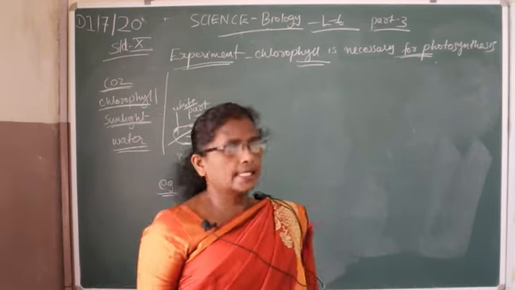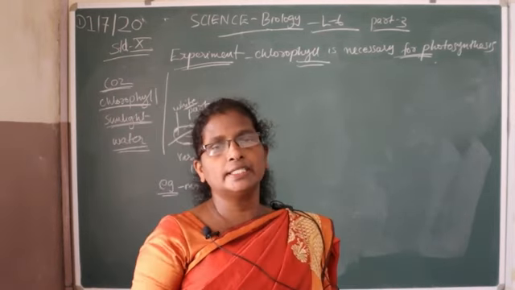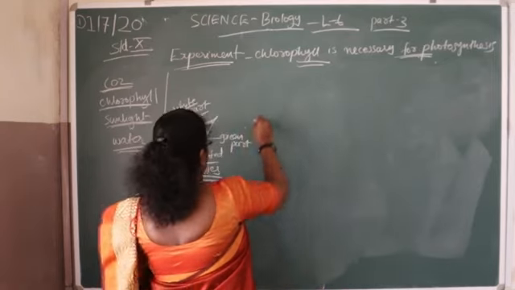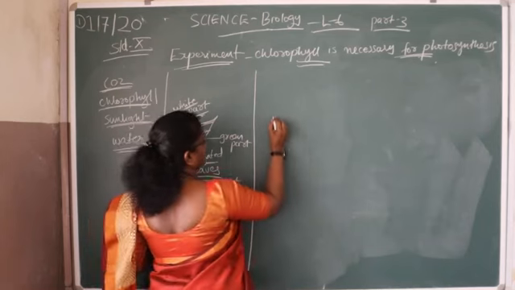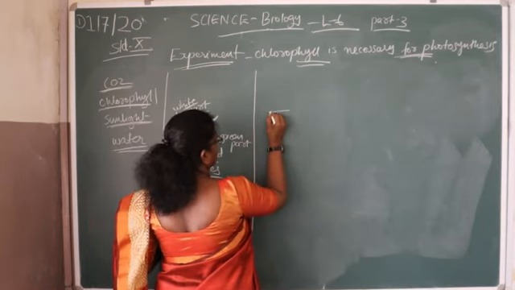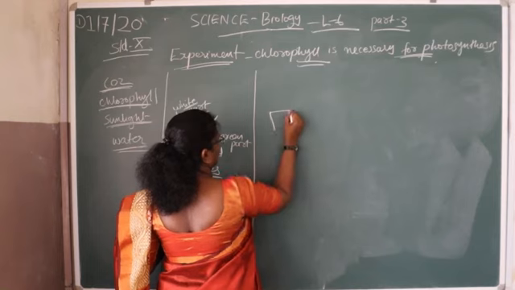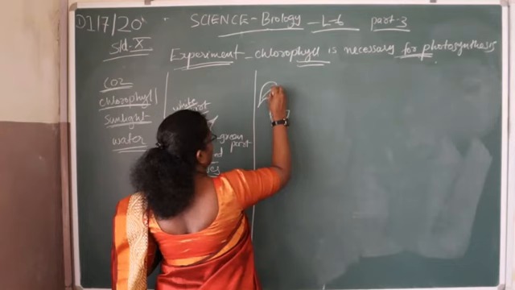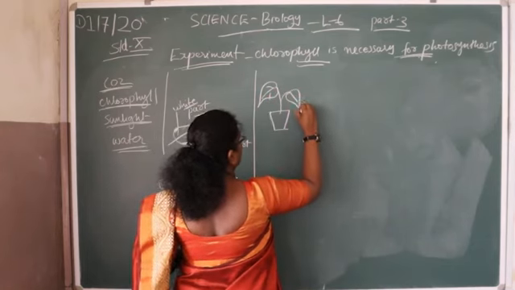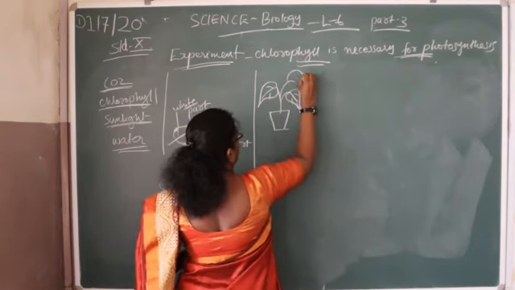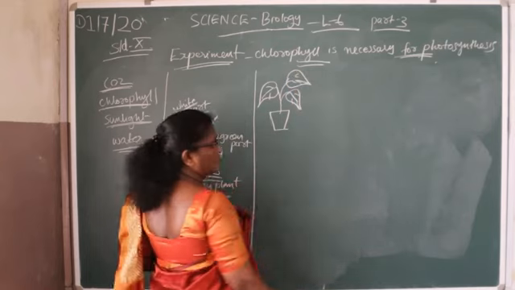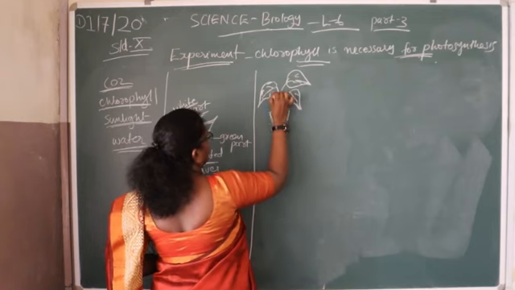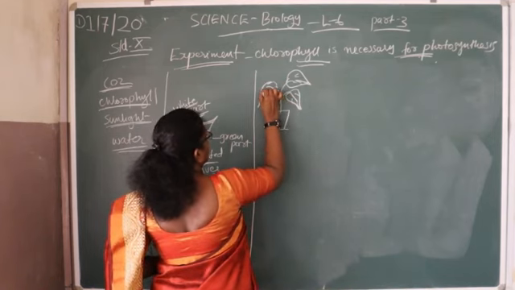So for this activity we first take a potted plant with variegated leaves, partially green, this part green.